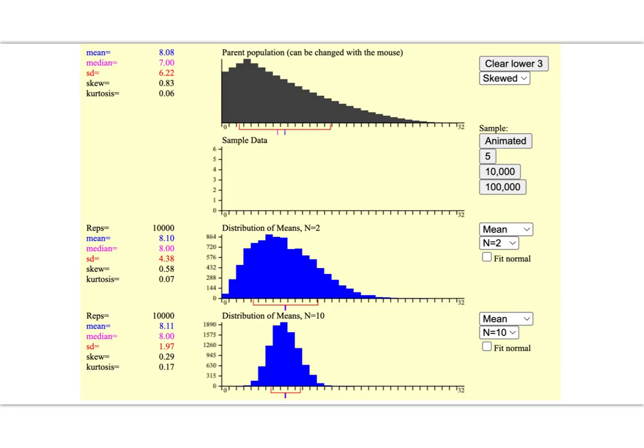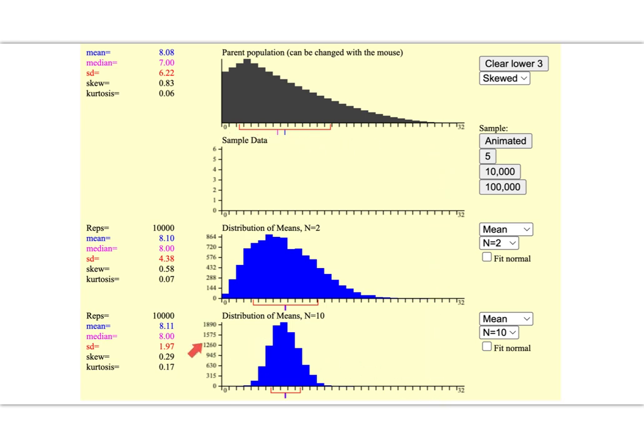And way back early in the semester, we did this website where if this was my original population of values, and if I sampled 2 items and found the mean and then repeated this 10,000 times, the sampling distribution here is still a little right skewed. But also we notice it's narrower, right? See, these are scaled the same, 0 to 32.